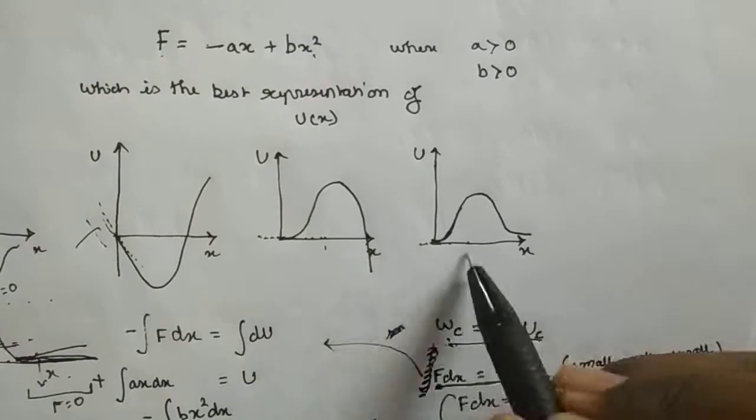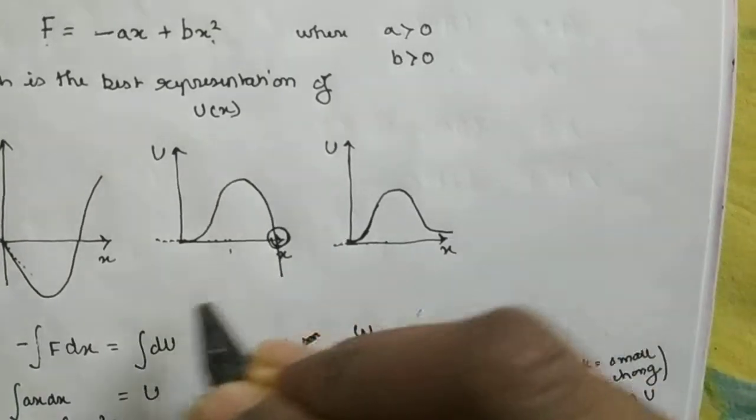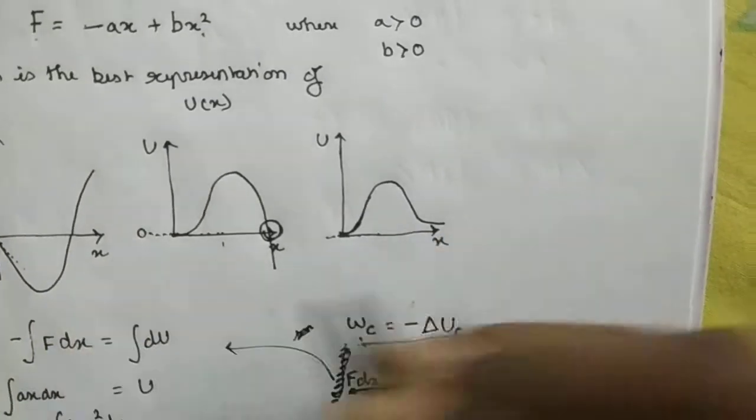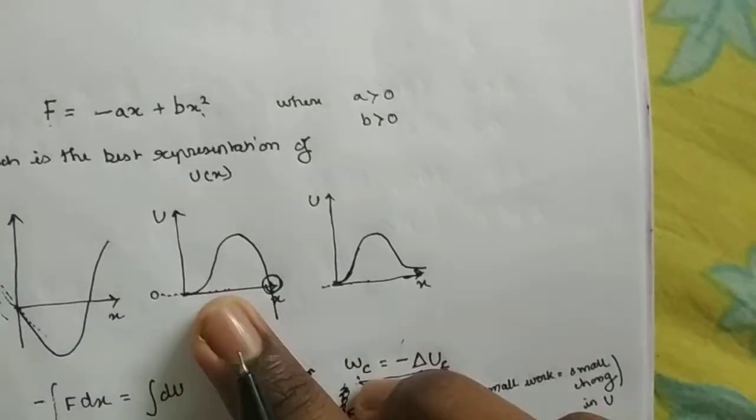Now distinguishing between these two, this one has a point where u has become 0, right? But this does not have it. So you have to check whether u can become 0.